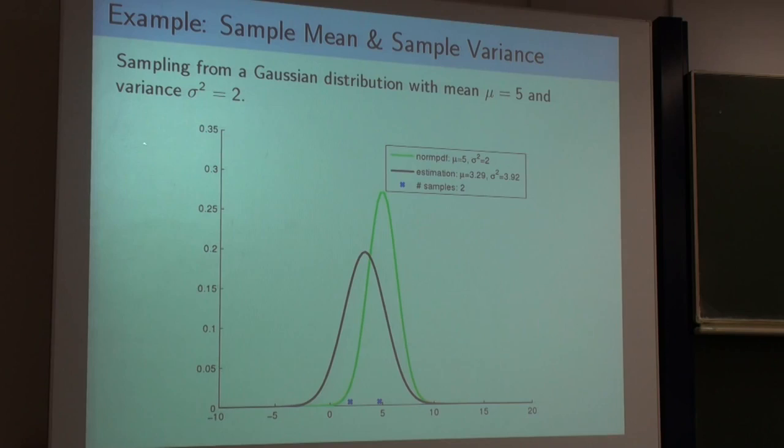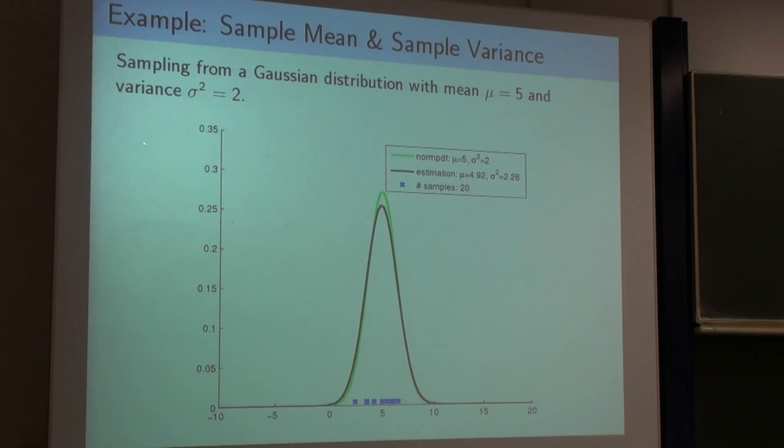So this is now our estimated density, and of course it's not surprising that from 2 data points we don't get a perfect estimate.